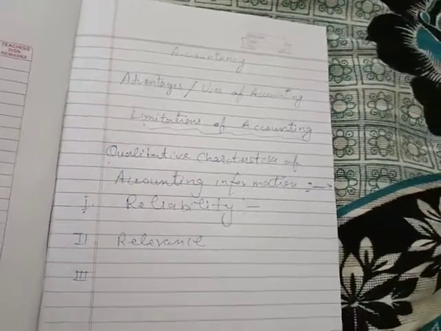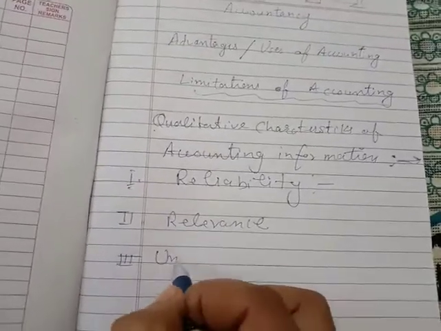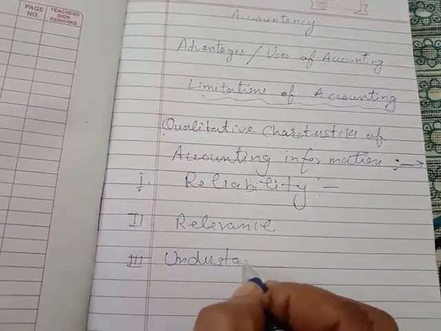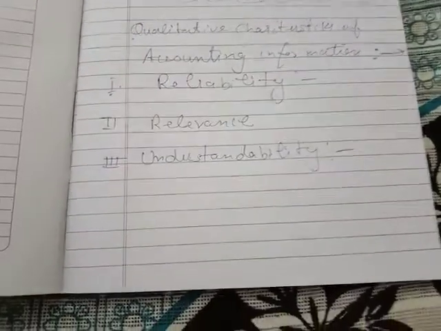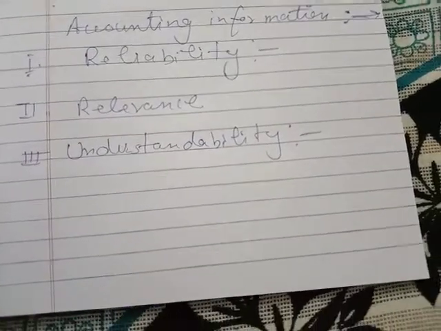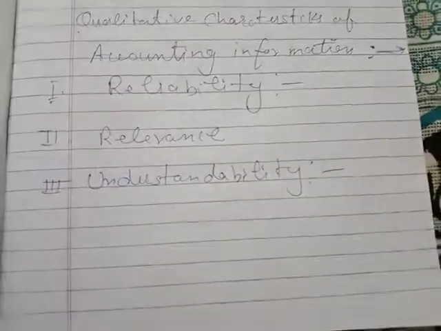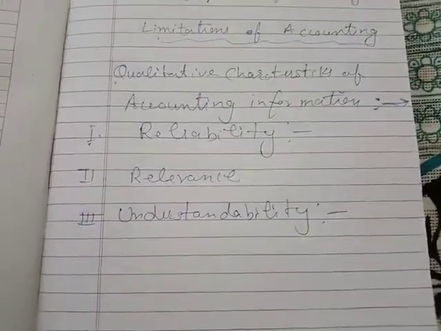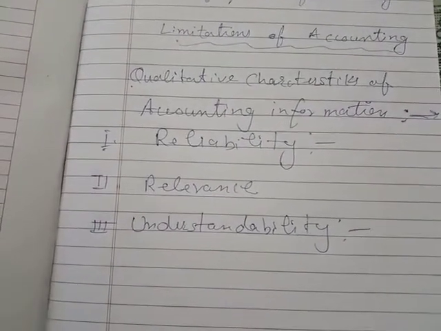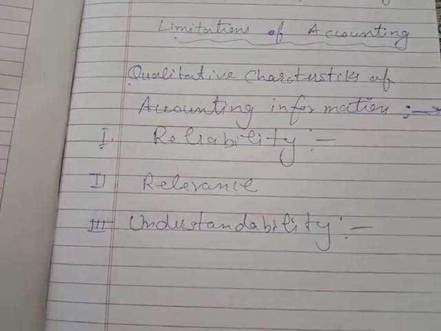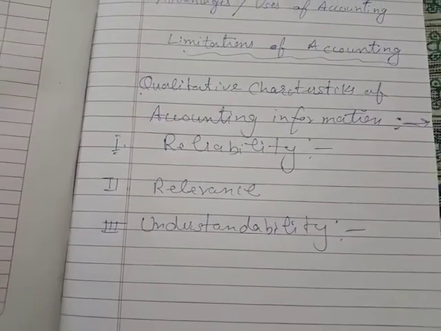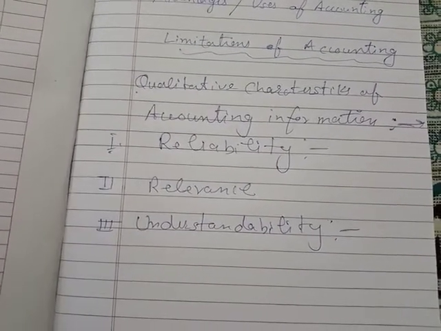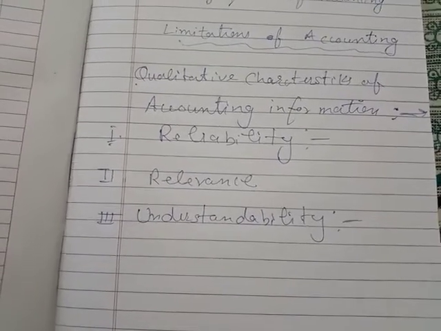Third is understandability. As per this feature, accounting records and financial statements should be shown in such a way that they are understandable for every interested party, whether investor, lender, owner, employees, manager, etc. A person who does not have knowledge of accounting terminology should also be able to understand the accounting data without much difficulty.